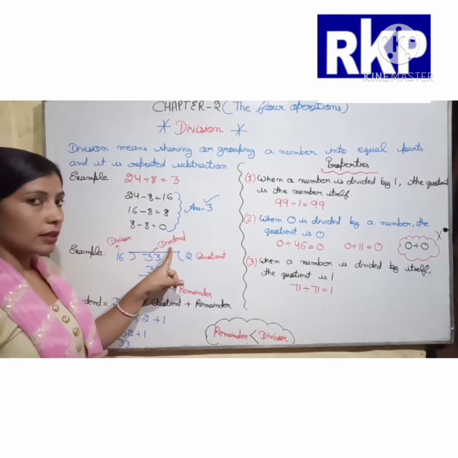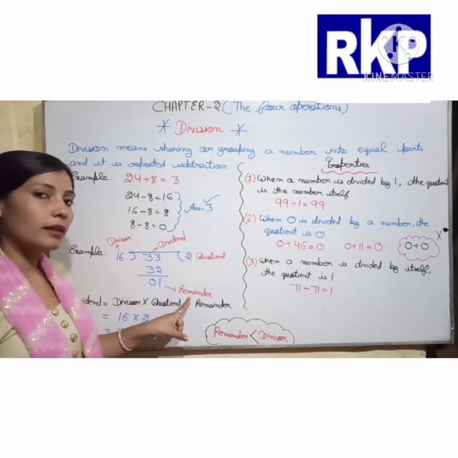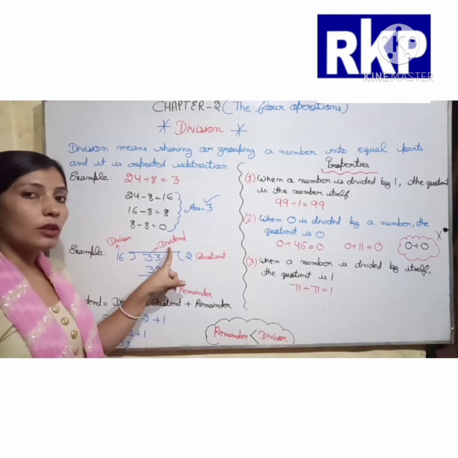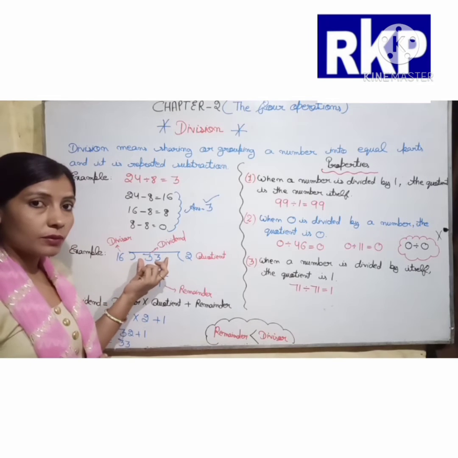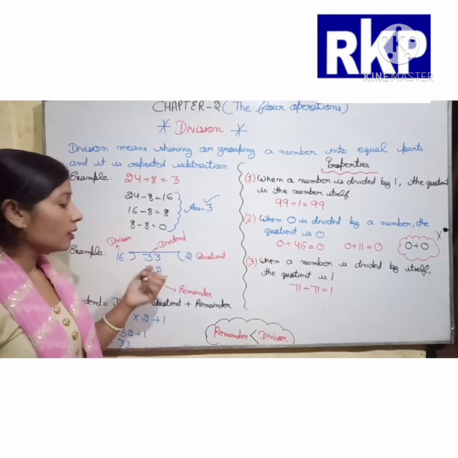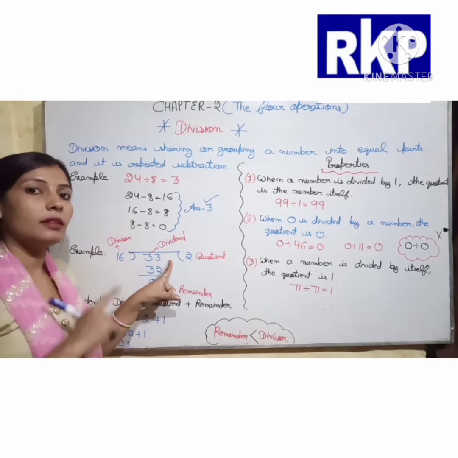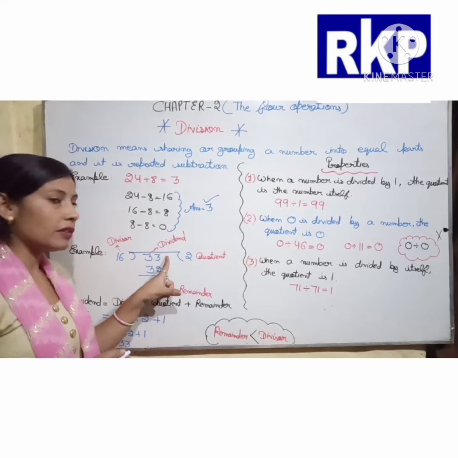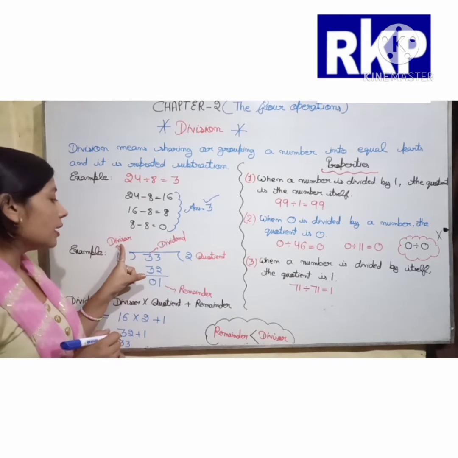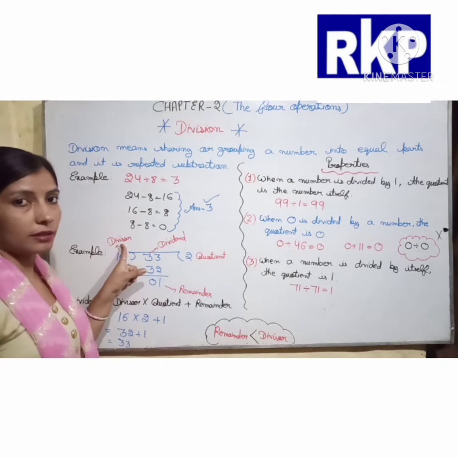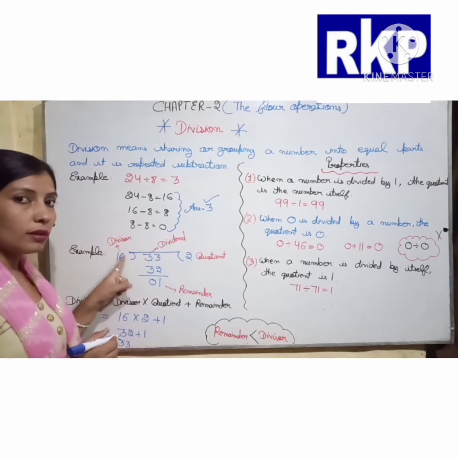So let us see, beta, what is the meaning of dividend, divisor, quotient and remainder. What is the meaning of dividend? Here 33 is the dividend. The number which is divided, that is called the dividend. And the number by which we divide, that is called the divisor.